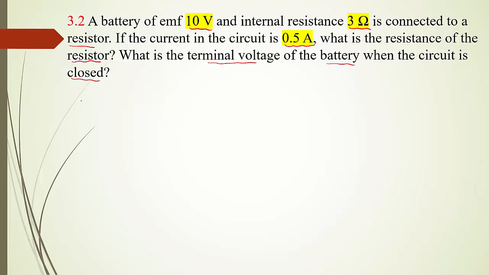See here, first we can write the givens. A battery of EMF E equal to 10 volt and internal resistance r equal to 3 ohm. If the current in the circuit I equal to 0.5 ampere, then what is the resistance of the resistor? That means we have to calculate capital R as well as the terminal voltage, which is denoted by the symbol V. See here, this is a cell or a battery.